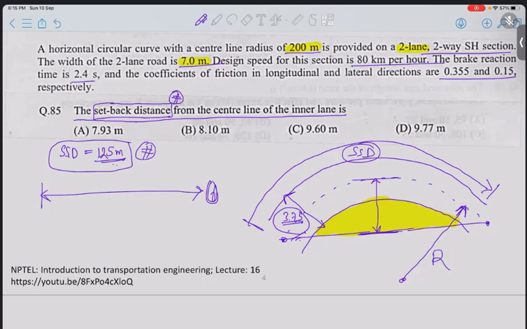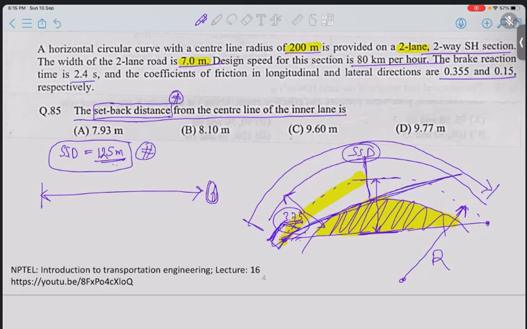Now, if there is a curve, you can only see this much. If you are driving in a straight line and looking forward, you can only see till here, right? If there is a construction on this side of the road, you cannot see past this point. Let's say this is your vehicle, you cannot see past this point.